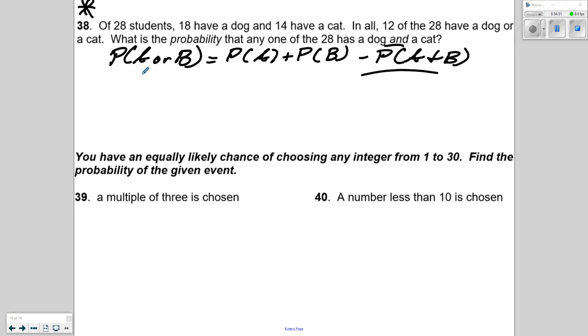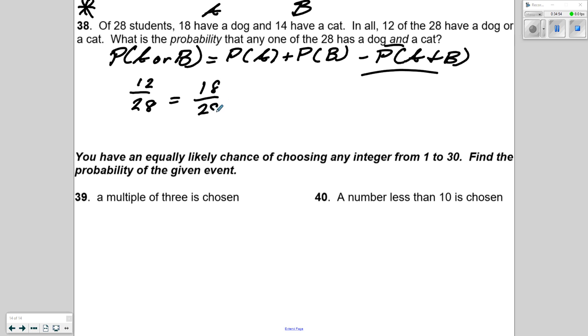For the others, we could totally write the fraction, but we really don't have to. Okay, I'm going to write the fraction anyway. So A or B. It says 12 of the 28, or 12 out of 28, have a dog or cat. Okay, let's say event A is having a dog, event B is having a cat.